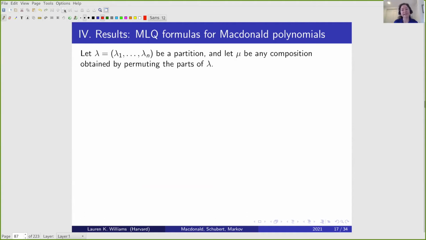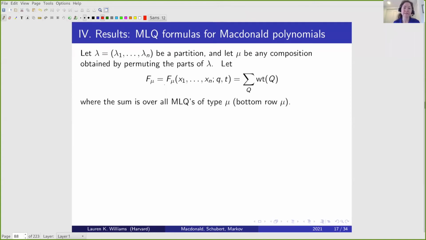Okay, so let lambda be a partition, and mu is any composition obtained by permuting the parts of lambda. So now this f sub mu is going to be the expression I get if I sum over all multiline q's whose bottom row is mu, and I sum up the weights. So f mu is like the generating function for multiline q's whose bottom row is mu.